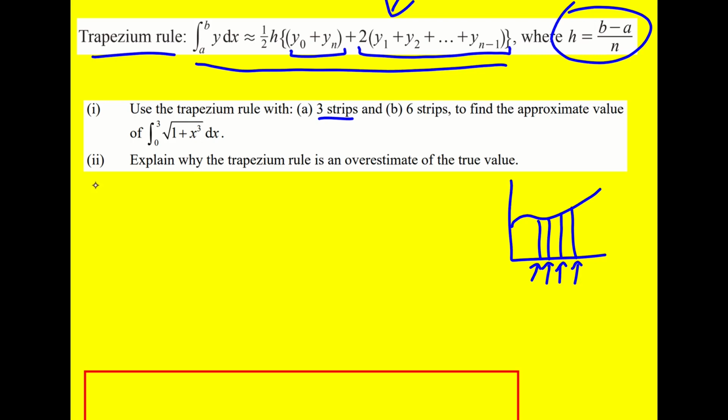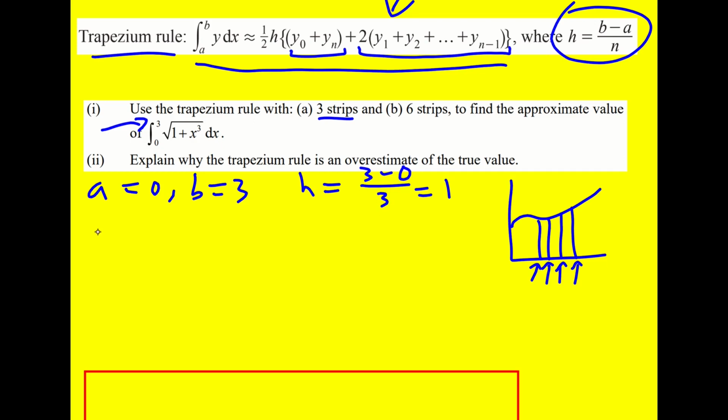Okay, first thing to do, I think, is to write down our value of a, our value of b, and we get that from here, and then we can write down our value of h. It's going to be 3 minus 0 divided by the number of intervals, which is 3, so they're each going to be 1. Okay, so nice length in this case.